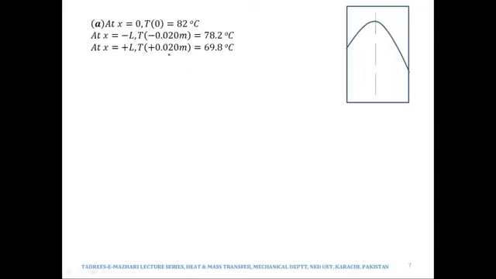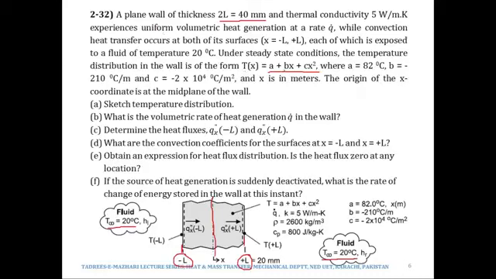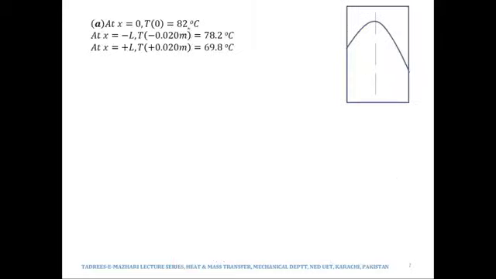So if we put x as 0 in a plus bx plus cx square, we get temperature as A, and A is what? 82. So we will get temperature as 82 degrees Celsius where x is 0. Similarly, where x is minus L, means where x is minus 20 millimeters, means 0.02 meters.